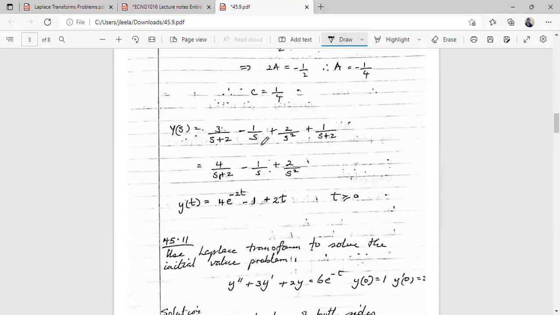So the first and the last term, we could combine them. And now we take the inverse Laplace transform. So this will be 4e to the minus 2t. The inverse Laplace transform of 1 over s is 1, so minus 1 here. And the inverse Laplace transform of 2 over s squared is 2t.